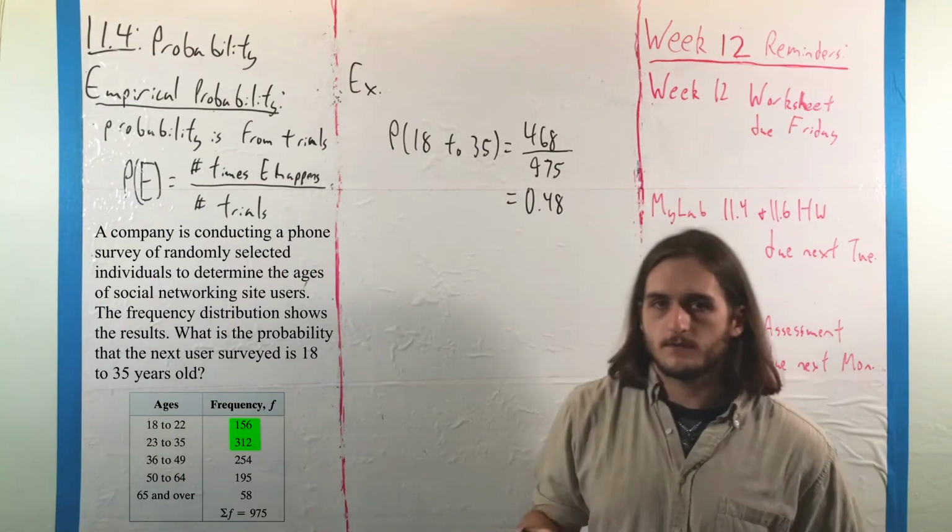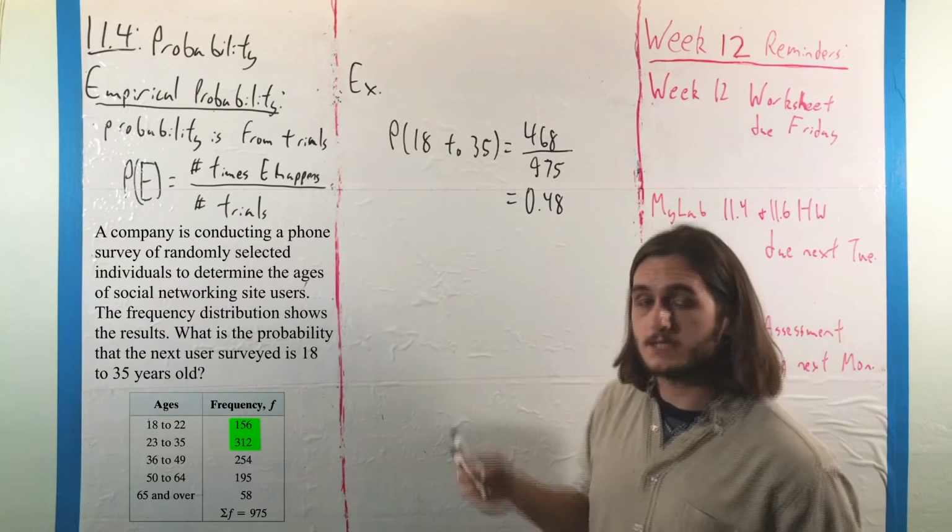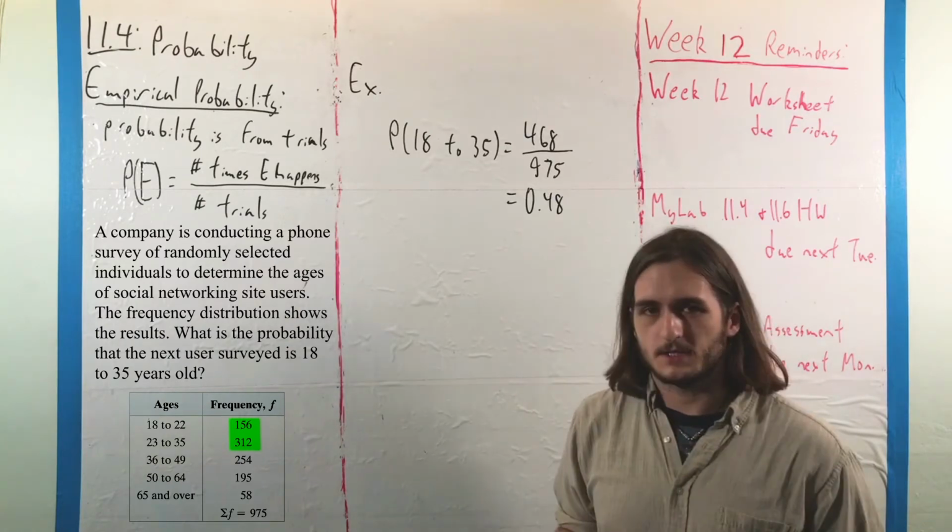So the probability of getting someone 18 to 35 based on this survey is roughly 48%.